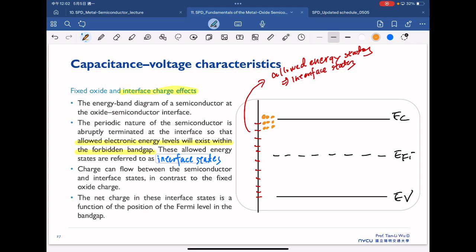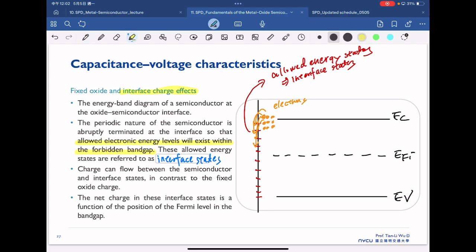But now we have this allowed energy state, so the electrons can start to be located, being jumped into this allowed interface state.